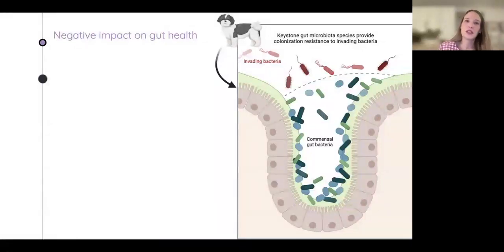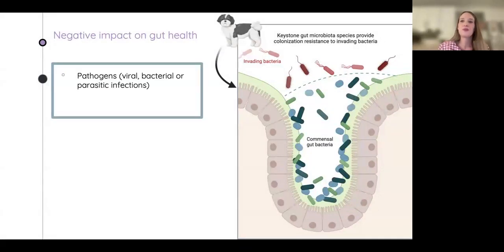This negative impact on gut health could come from various reasons. One of the main ones would be, of course, pathogens, especially viral infections, severe bacterial infections, and parasitic infections. We know, especially from human studies, but it is now also researched in veterinary medicine, that the younger the animal, the more severe the problem is going to be.